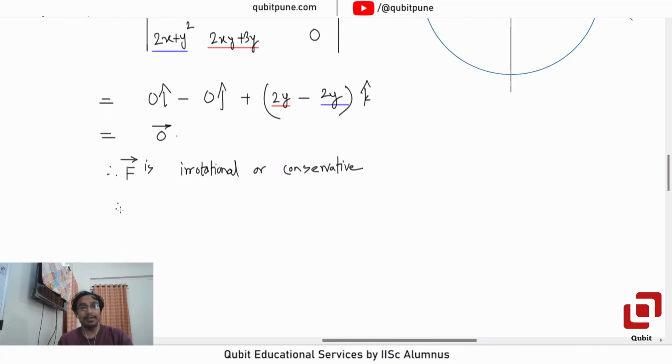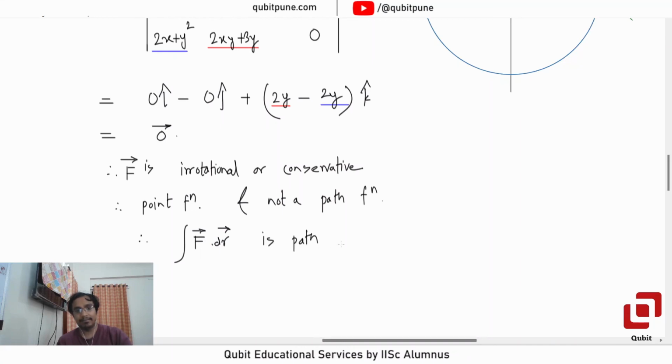What does it mean? It means it is a point function and not a path function, which means the line integral's value is path independent.